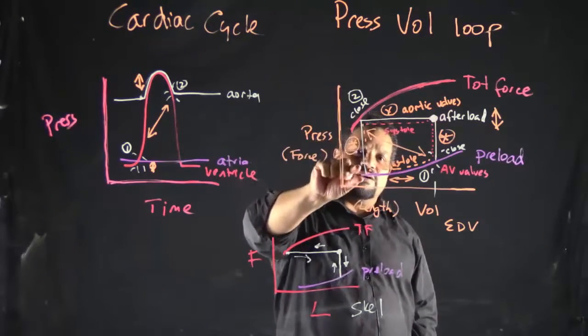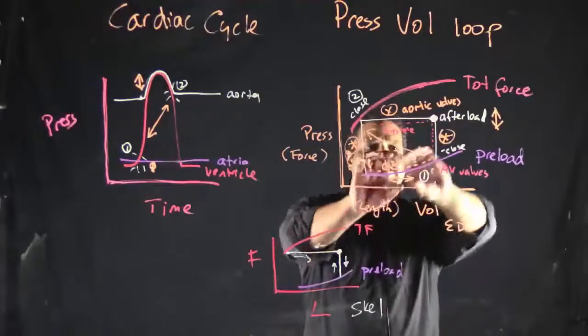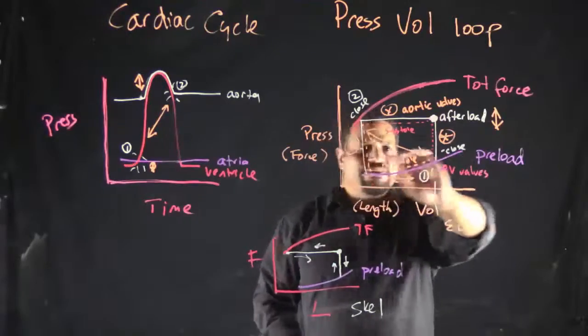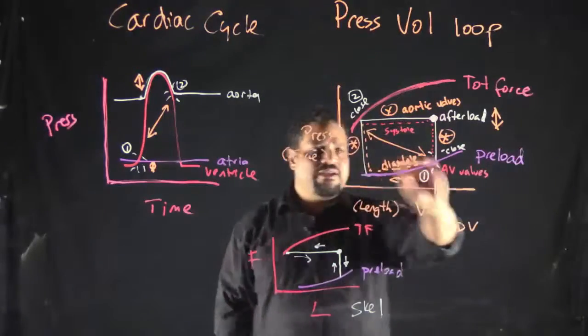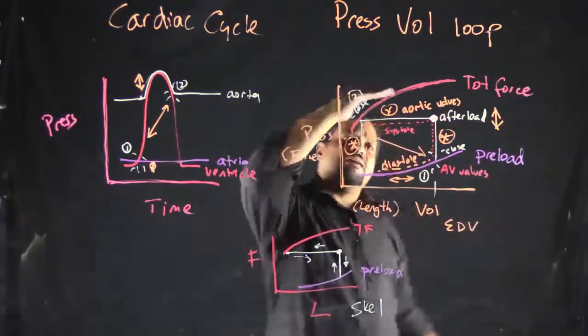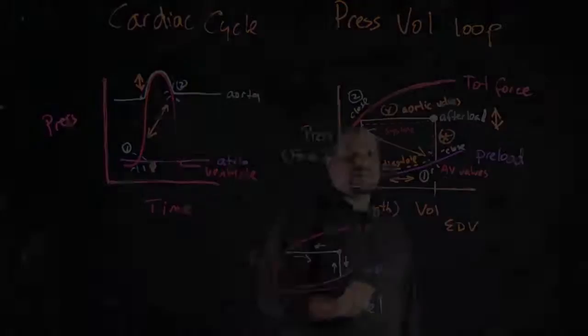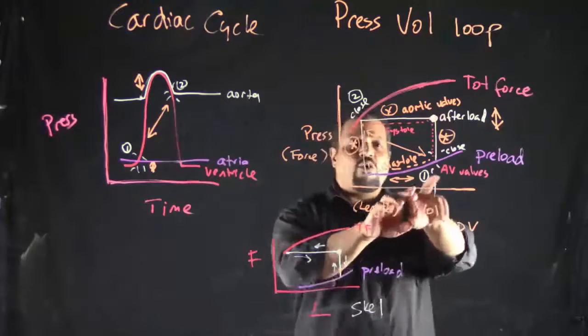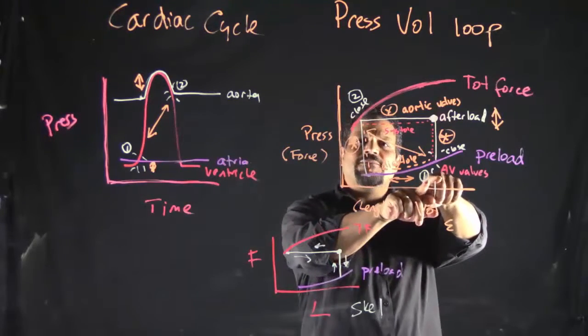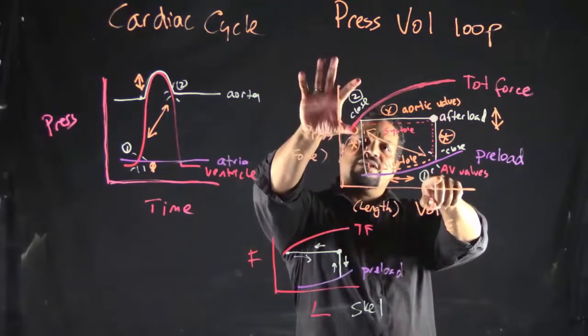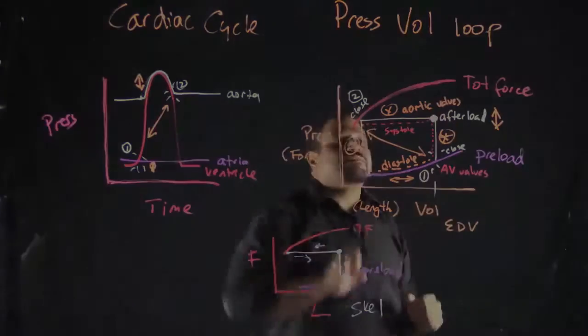Then you come back down to the AV valve opening. What you can see is that this low pressure area is for the AV valve, and the higher pressure area is for the aortic valve. So the opening of the AV valve is diagonal from the closing of the aortic valve.